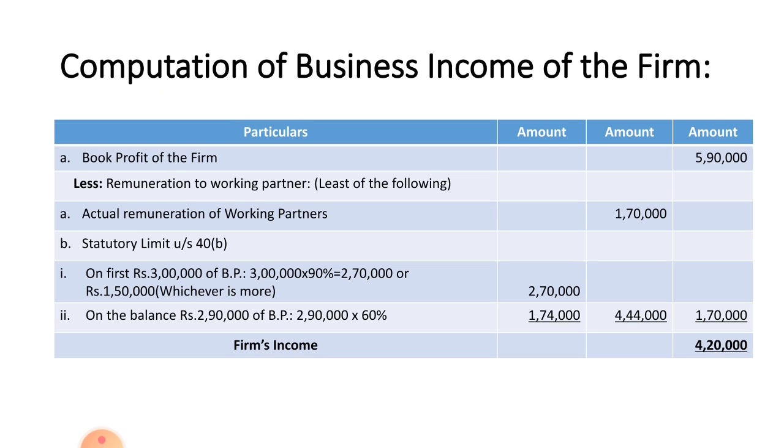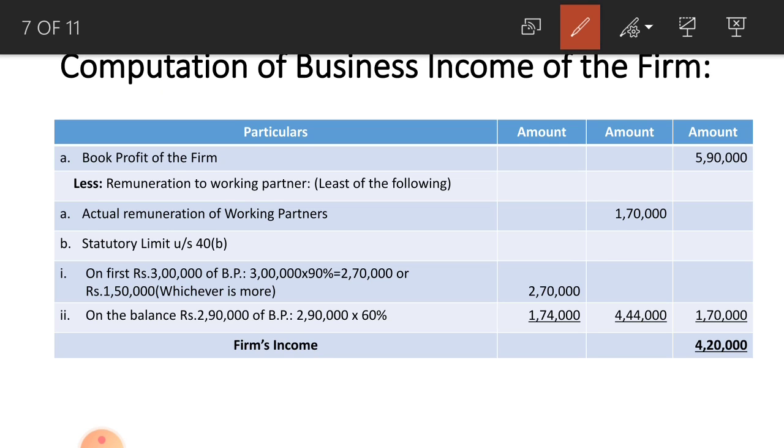First one, actual remuneration of working partners, that is 1,70,000, and second one, statutory limit under section 40B, that is on first 3 lakh of book profit, 90% of book profit, that amounts to rupees 2,70,000 or 1,50,000 whichever is more, that is 2,70,000 is more, that is why you have to consider that one, and on balance 2,90,000 at the rate of 60%, that amounts to rupees 1,74,000.